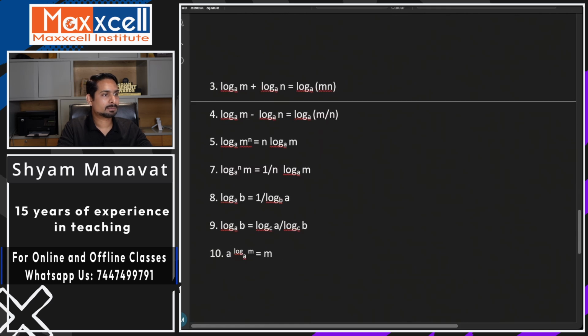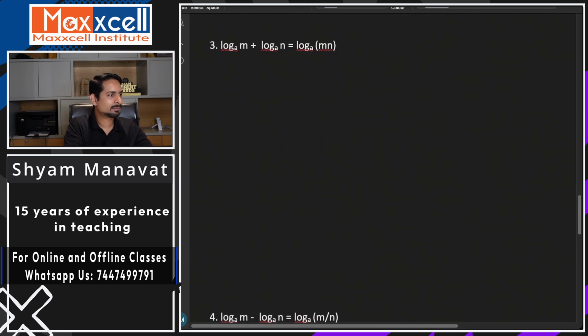Third one is log of m base a plus log of n base a. If it is addition, then the outcome is log of m into n, base a. If we take the log at once, we can't say common. It's not multiplication: log m base a is not log into m, so we can't take that common.